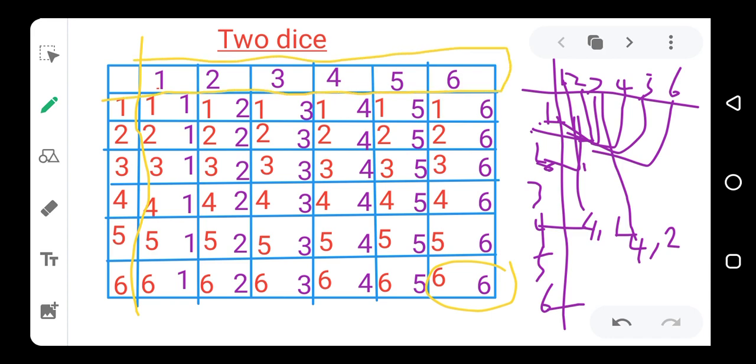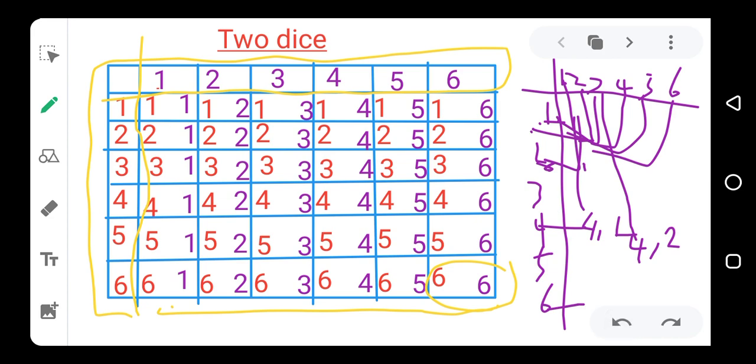These parts are out. So you calculate everything from here to here, and inside, if you check everything, it's going to be 36. That is 1, 2, 3, 4, and you count it to this place. Everything is 36. That is 6 times 6.